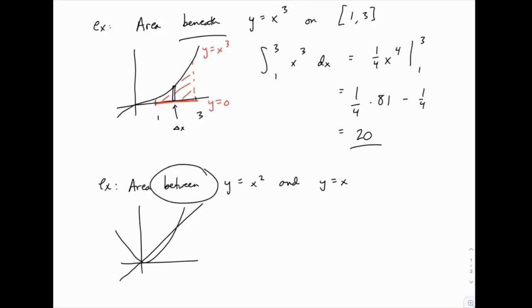So we need to have a closed, bounded area to do this problem. We can't have an open-ended thing. So we can't use this area up here because that's open-ended and it's just going to continue to grow, and the same thing on the left side. But in between, there's this enclosed area bounded by these two functions.